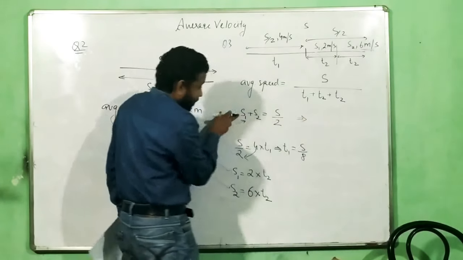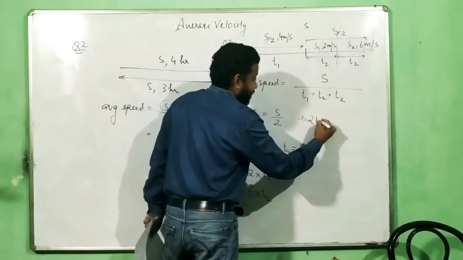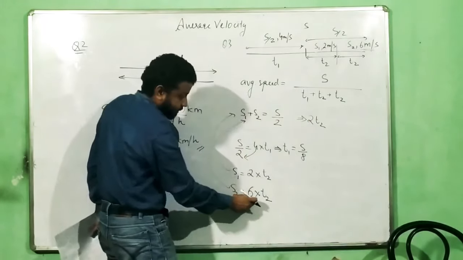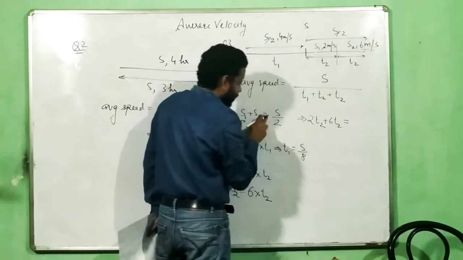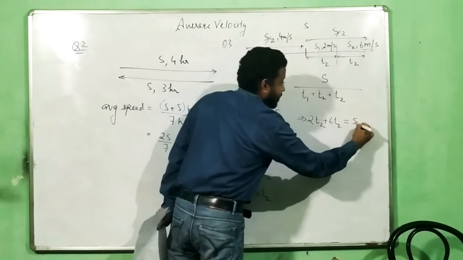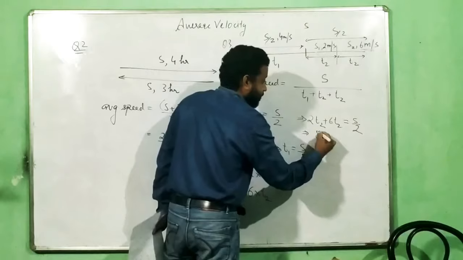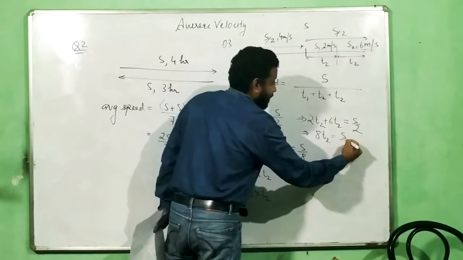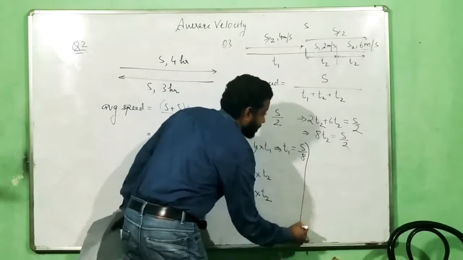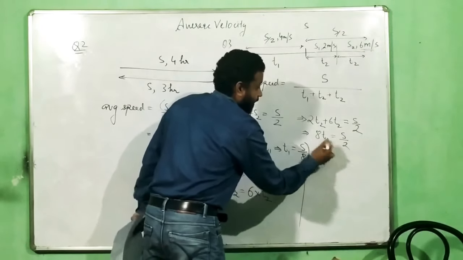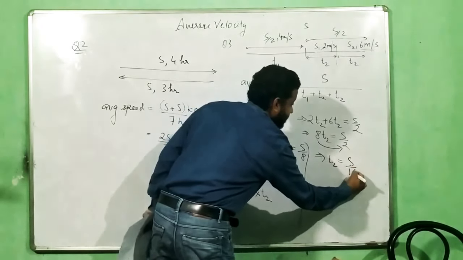S1 is 2 into T2, plus S2, which is 6 times T2, and this whole together must be equal to S by 2. Now 2T2 plus 6T2 is 8T2 equals S by 2. This implies, take 8 over here, T2 will be equal to S by 16.